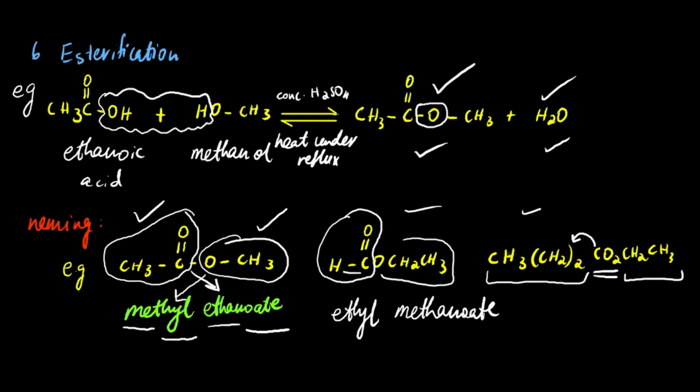There are how many carbons in this acid chain? There are 5 carbons. So it is pentanoic acid, and there are 2 carbons in the alcohol chain. So it is ethanol. So the name should be ethyl pentanoate, if that's clear.